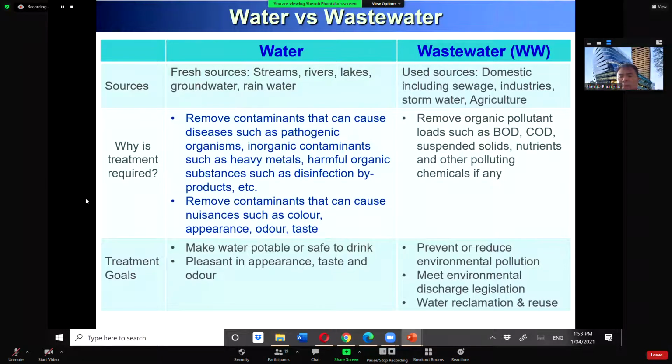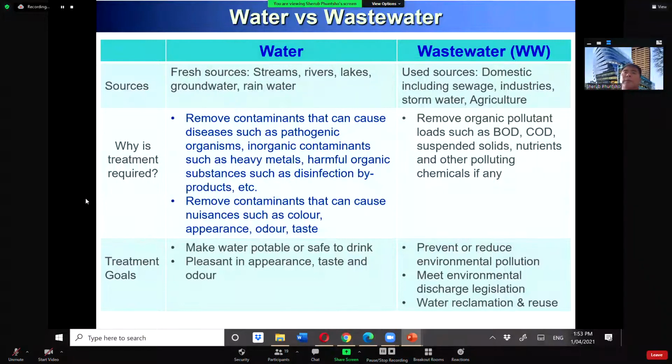And basically the treatment goal is to prevent or to reduce the environmental pollution, and it's required also by the law, legislation, that you cannot release the wastewater until it is treated to a certain standard. Okay, so to meet these environmental obligations, or environmental legislation, the wastewater treatment is also required.